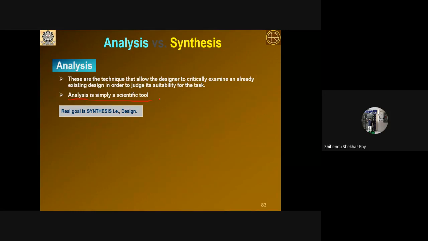That means you have to design a new or innovative mechanism to serve a particular purpose, to get a desired motion characteristic. And in order to do that, analysis is required, and that is why the next chapter will start with kinematic analysis of a mechanism.